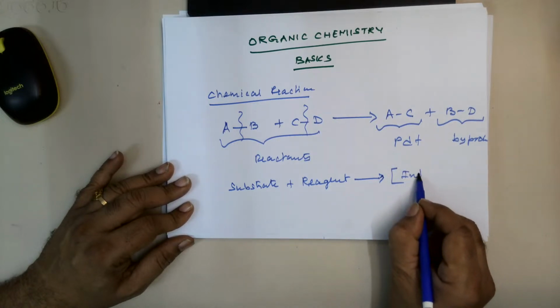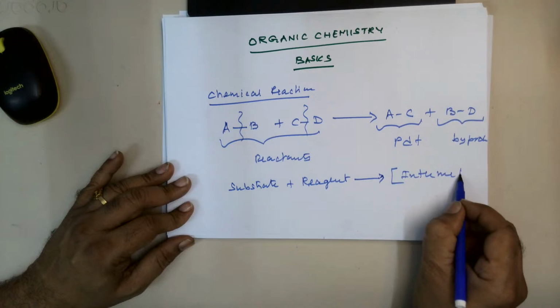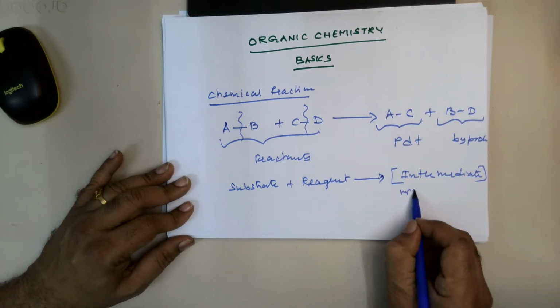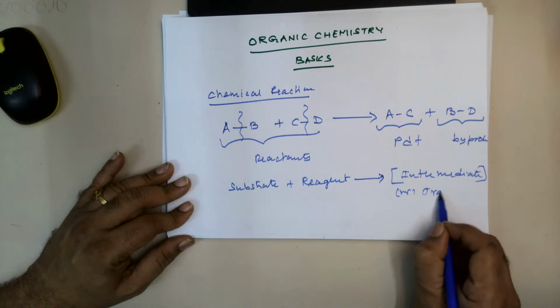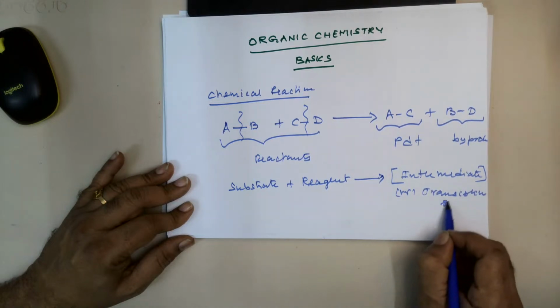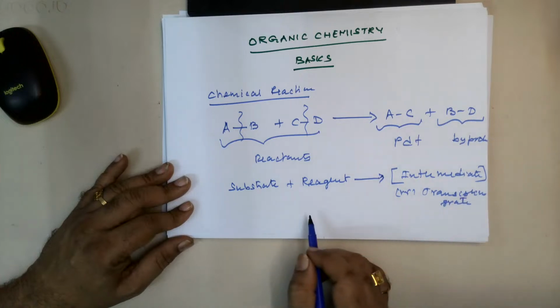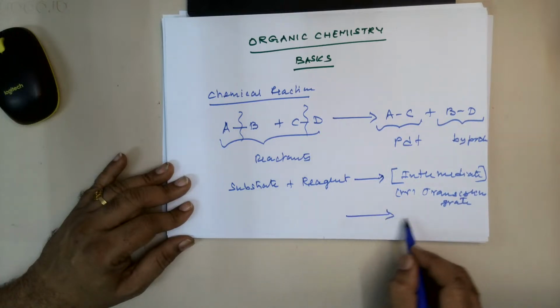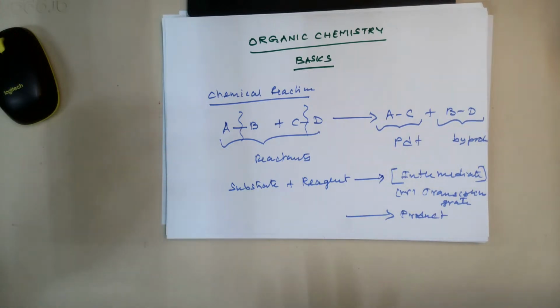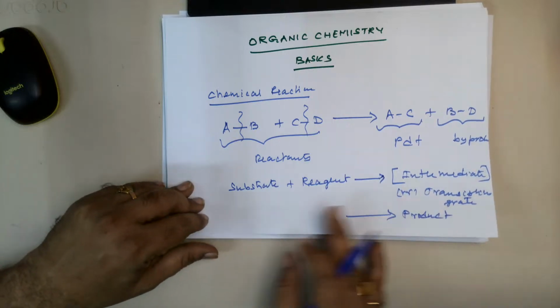So intermediate, and this is also called transition state. Transition state is the in-between state, and finally it results in a product. This is the simplest representation of an organic reaction.